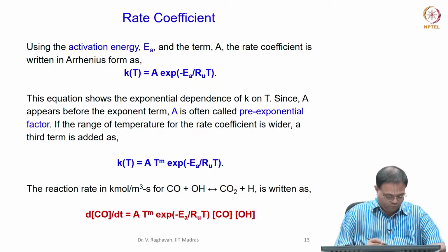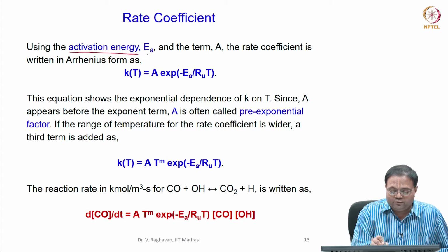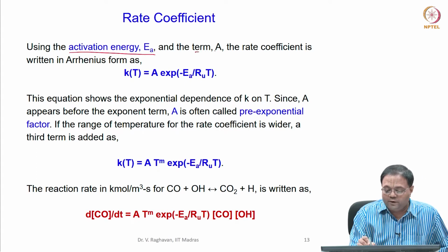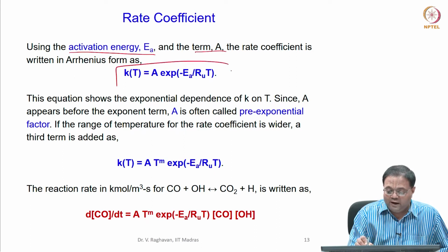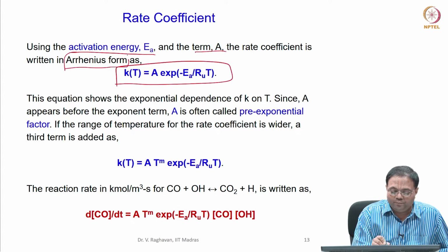Now, if you go to this, the activation energy and the term A, they are used to write the rate coefficient in what is called Arrhenius form.